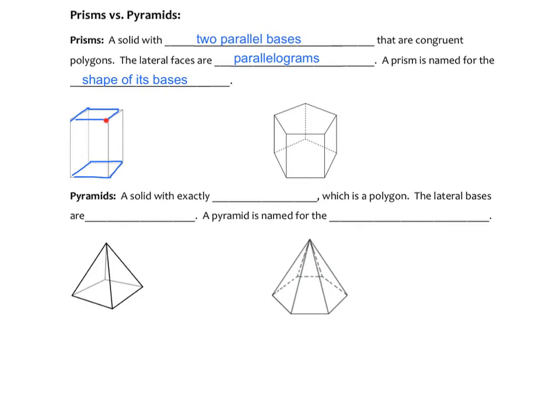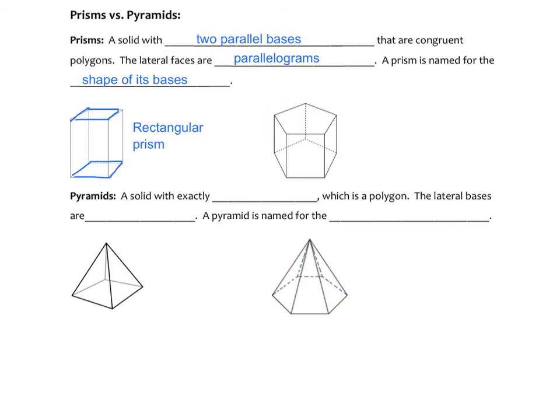Here are our lateral faces, and they are all parallelograms. Opposite sides are equal and congruent. Lastly, it says the prism is named for the shape of its base. Our base here is a rectangle. Therefore, it's called a rectangular prism.